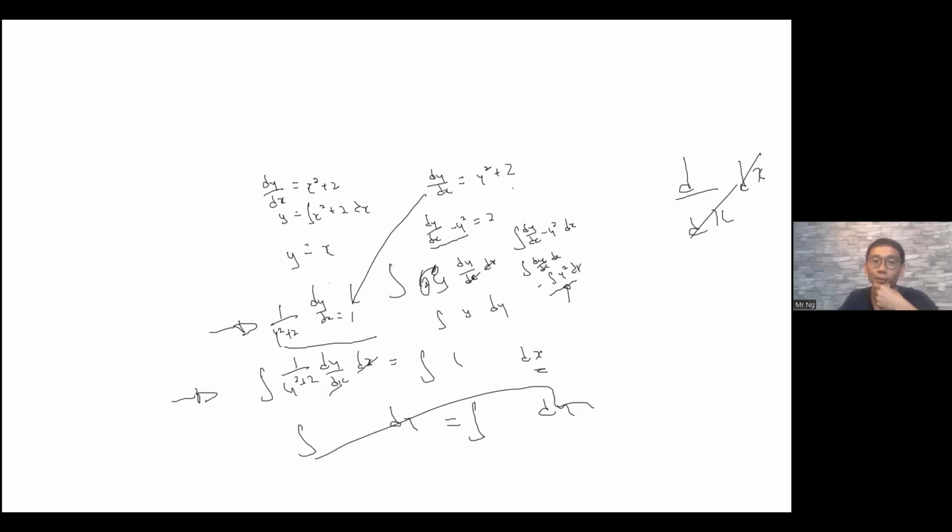How to solve this, by the way? Integrate y over y squared plus 2 dy equals x plus c. I need the formula sheet, so give me a while.